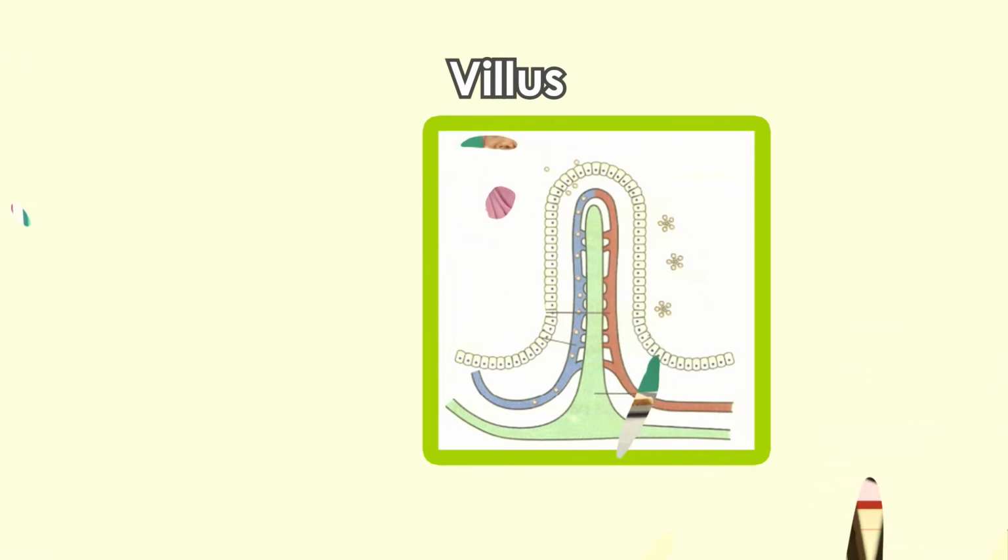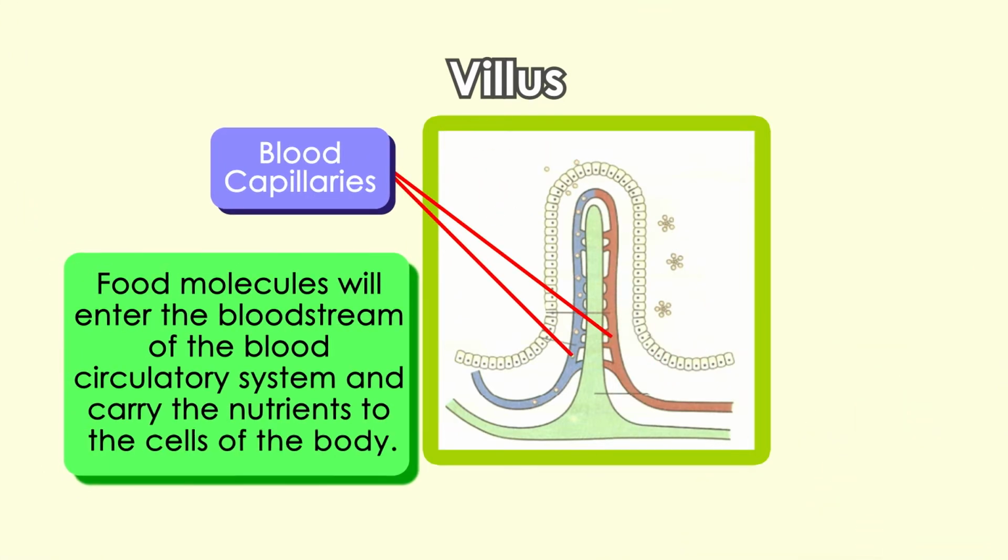Boys and girls, after the absorption of the food molecules occur through the wall of the small intestine, where will they go? Well done! They will enter the bloodstream of the blood circulatory system and carry the nutrients to the cells of the body.